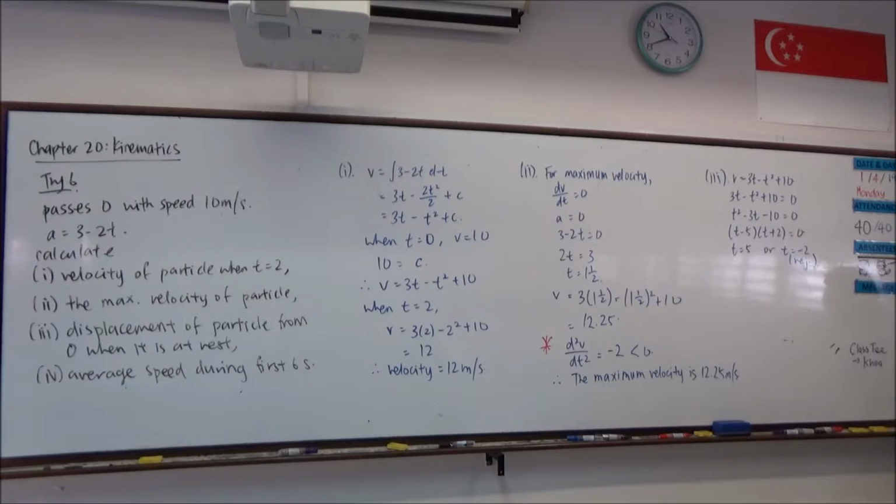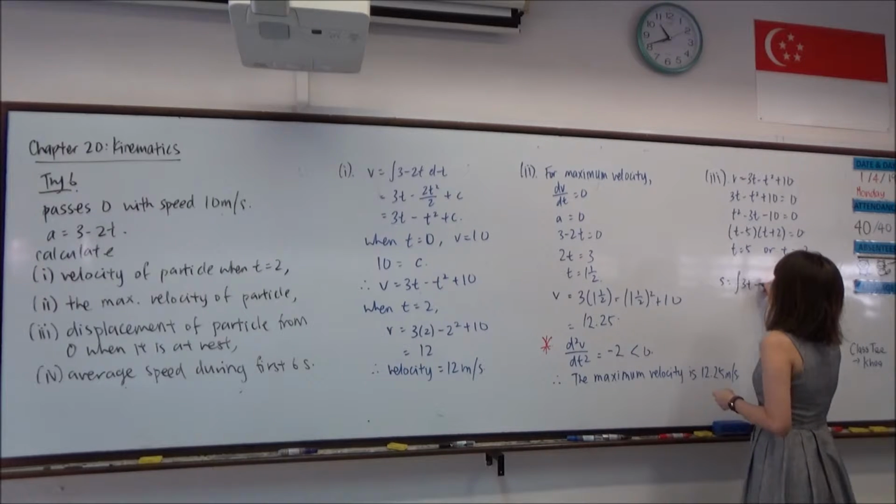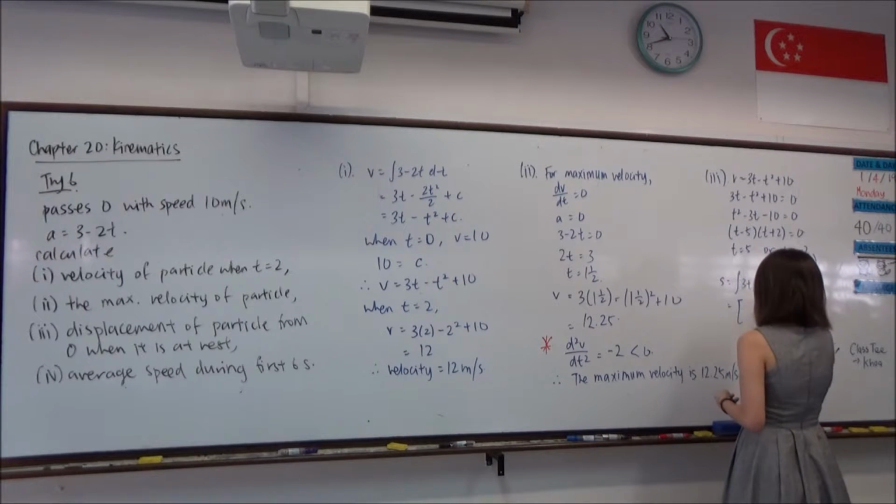That would give us that the at-rest moment is happening when t is equal to 5. But we are trying to find the displacement. How do we find the displacement? Integrate. Integrate what? The speed, or rather the velocity, to be precise.